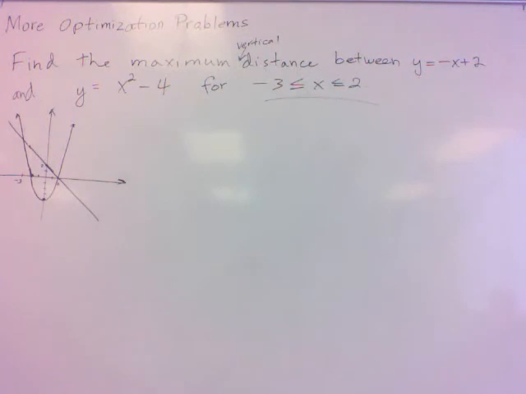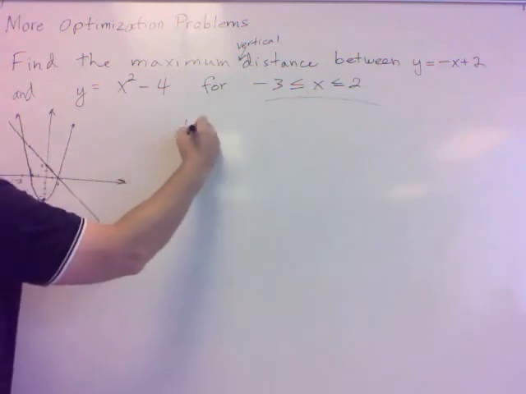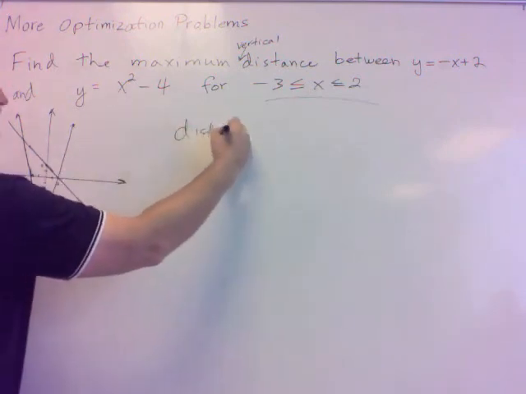I'm wanting to find the maximum vertical distance between those graphs. All right, well, again, I'm looking for a maximum, right? And so to find the maximum vertical distance, I first of all need a distance equation, right?